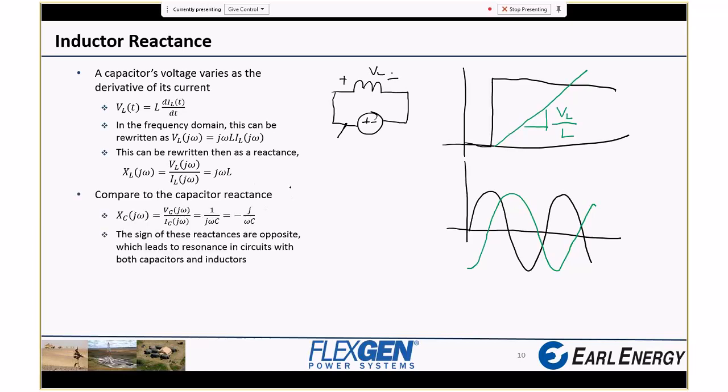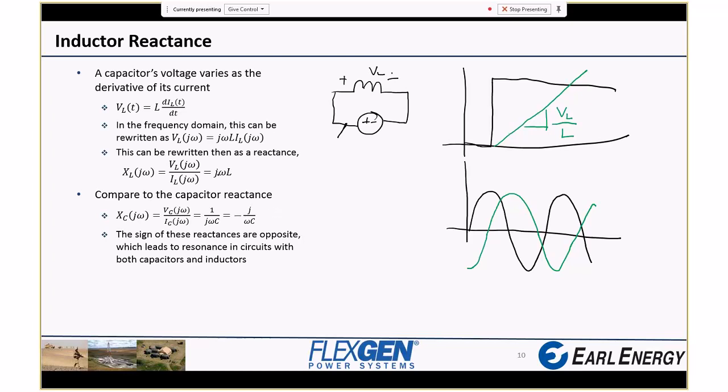Recall that the capacitor reactance was 1 over j omega C, or negative j over omega C. So that's another way that inductors and capacitors are analogs of each other.